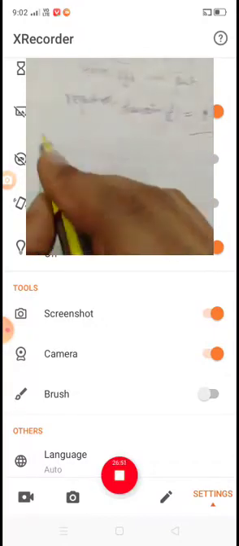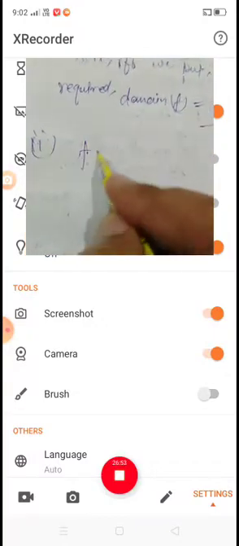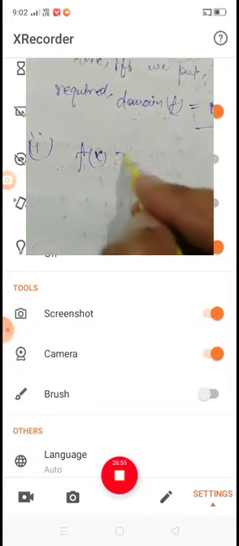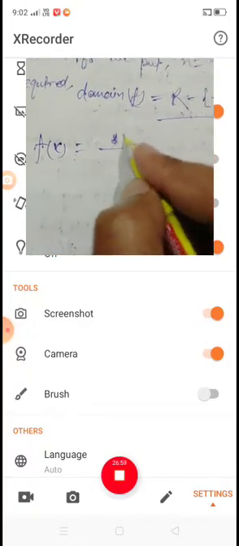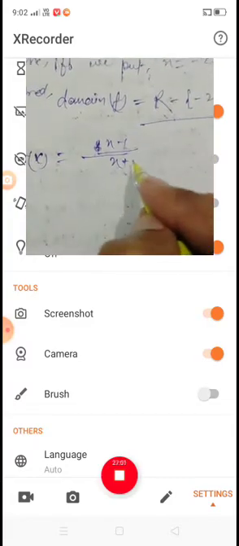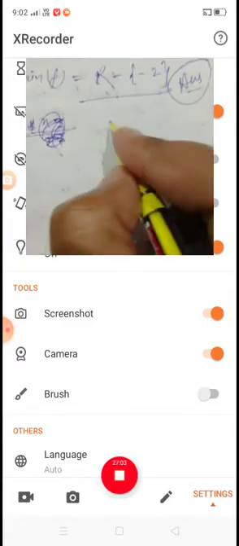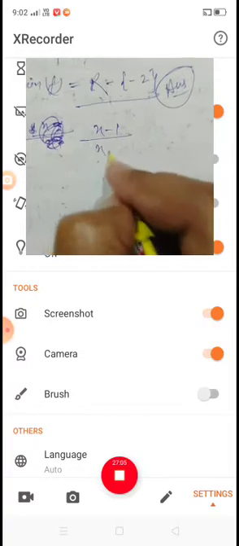Same way, take the second question. Your second function is defined as f of x is equal to 1 upon x minus 3.